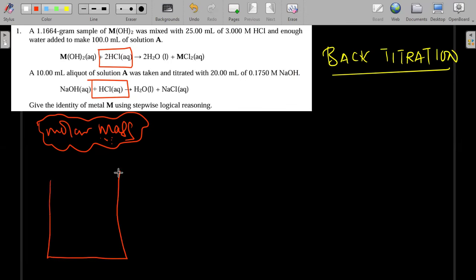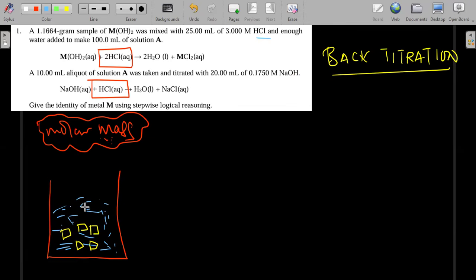If this is a beaker like this, I have this metal hydroxide. I'll just represent it by these yellow boxes. This is our metal hydroxide, or M hydroxide. And then to this hydroxide, let's add the hydrochloric acid, the one I'm putting in blue.